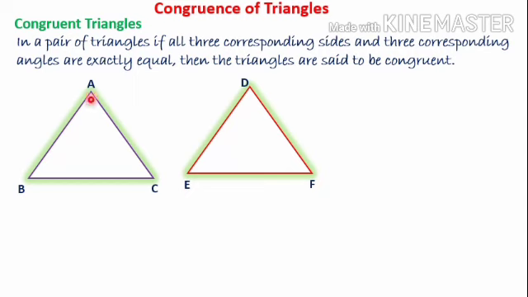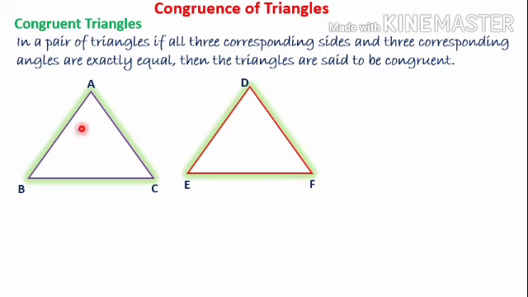Corresponding sides: if you take side AB in triangle ABC, the corresponding side of DEF is DE. If you take AC in the first triangle, the corresponding side is DF. And if you take BC in the first triangle, the corresponding side is EF. Also, angle A in the first triangle corresponds to angle D in the second triangle, B corresponds to angle E, and angle C corresponds to angle F.